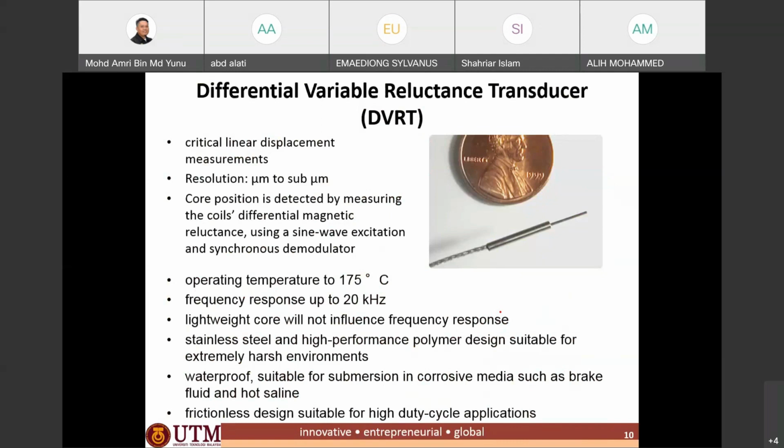The operating temperature of this DVRT is up to 175 degrees Celsius, and the frequency response is up to 20 kilohertz. It's made of stainless steel and high performance polymer, waterproof and frictionless.